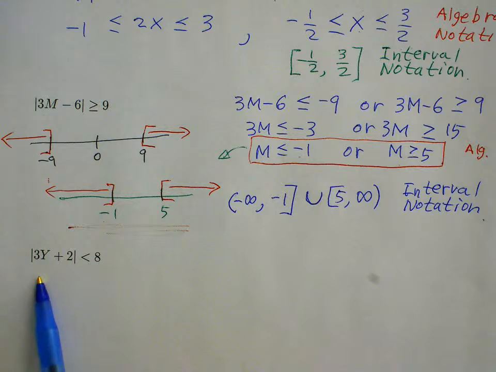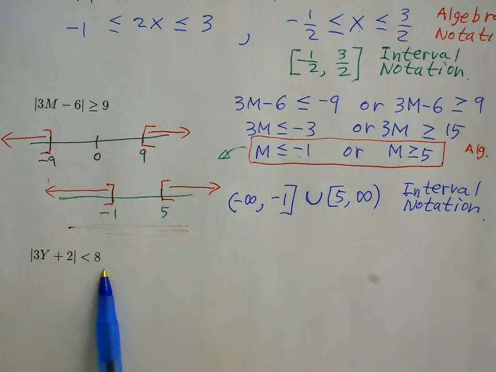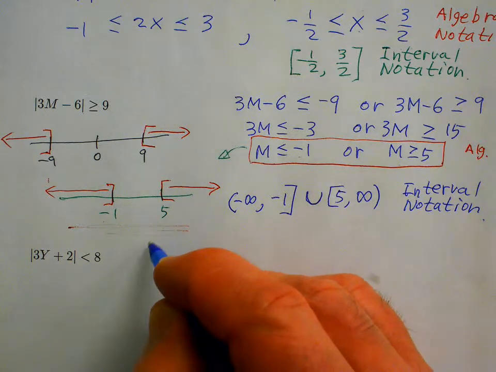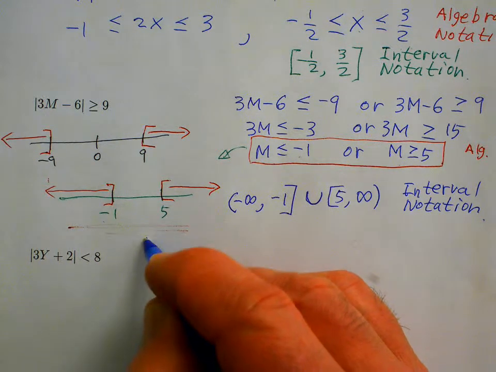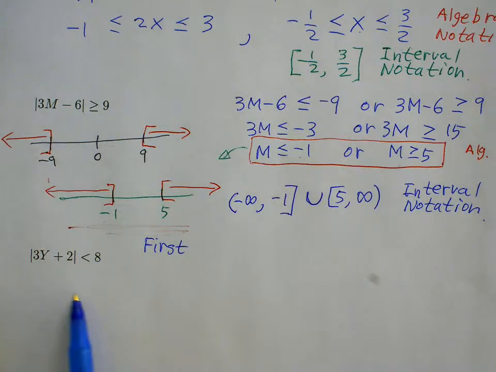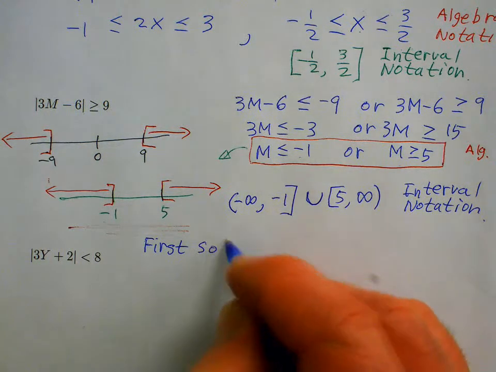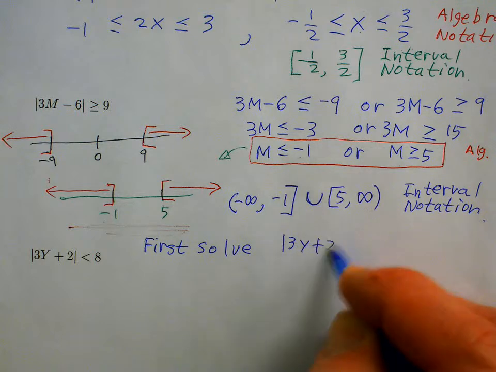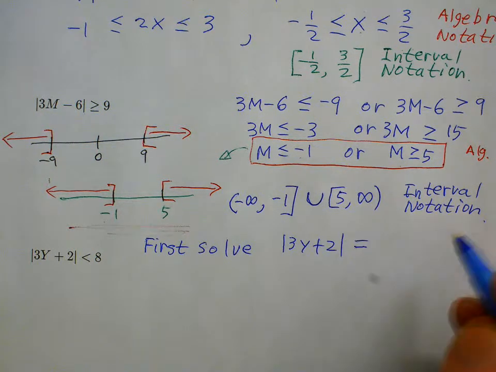If you have the absolute value of an algebraic expression is less than a positive number, what we can do is we can first solve the absolute value equation we get when we replace the inequality with equals.